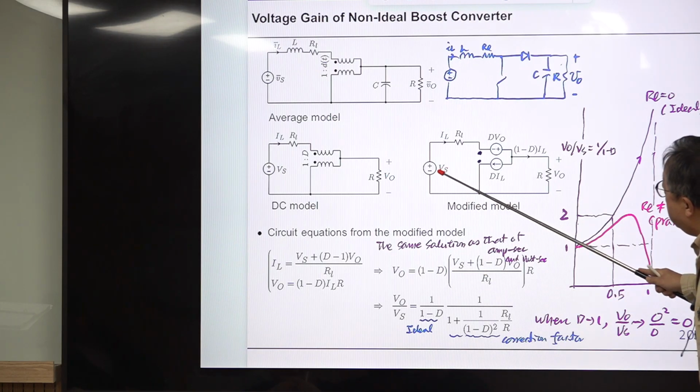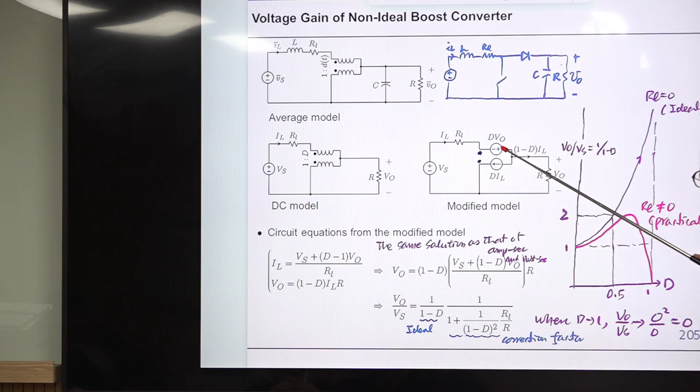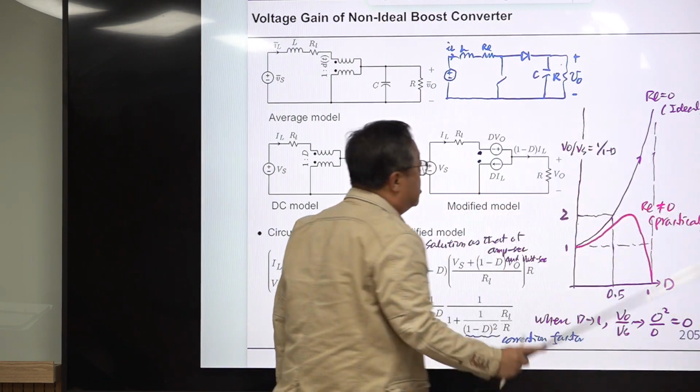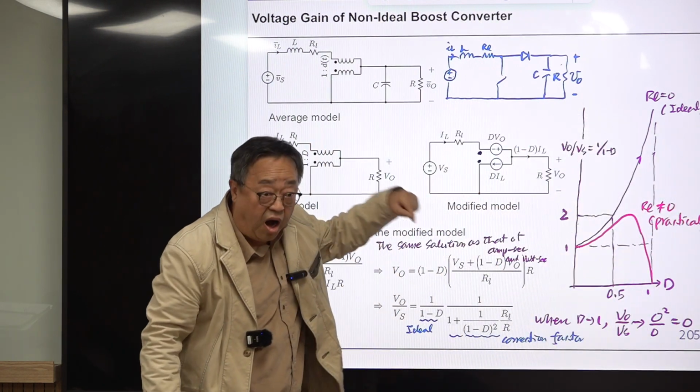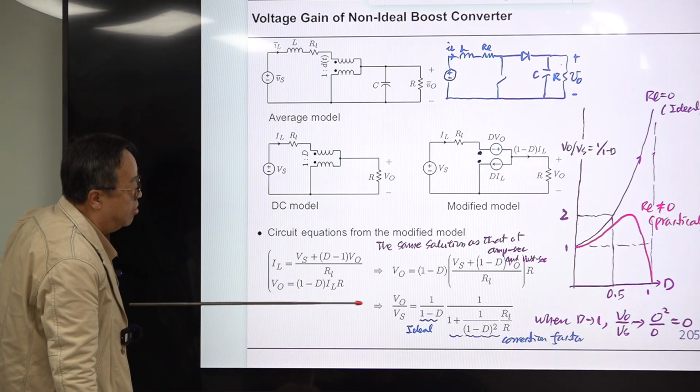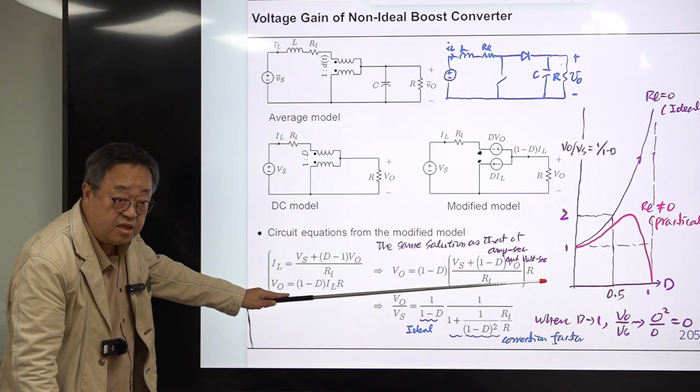Then this voltage Vs minus this one plus this one, and minus plus this one minus this one, because the polarity is opposite. So you should add this and you should subtract this, and divide that voltage by RL, which will give you the IL expression. And Vo, this is IL flowing into the R. This times R is our voltage, and you combine together to obtain this.